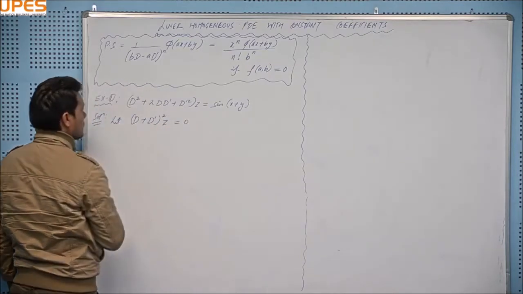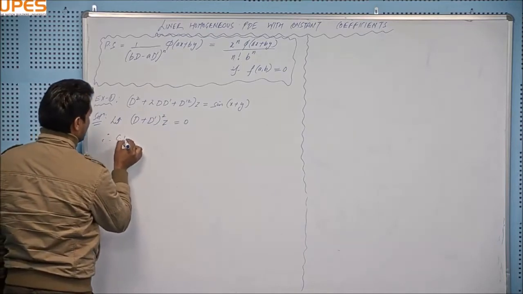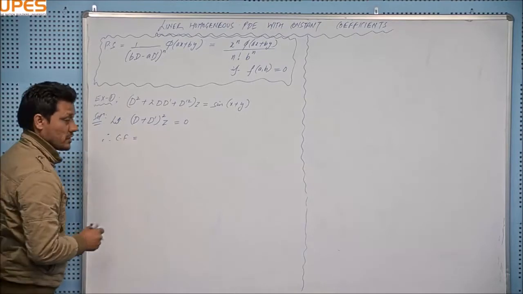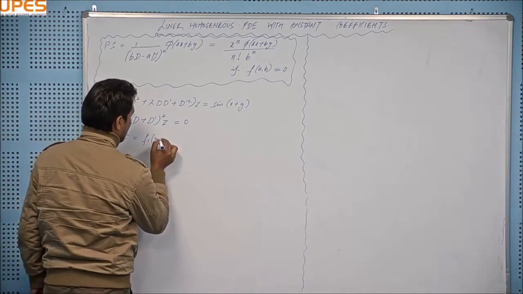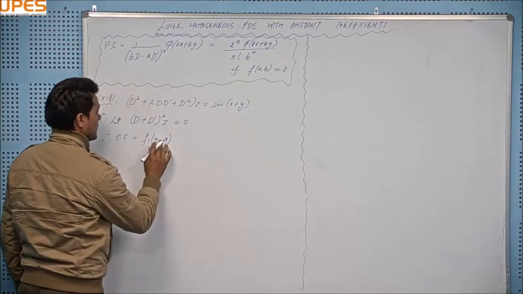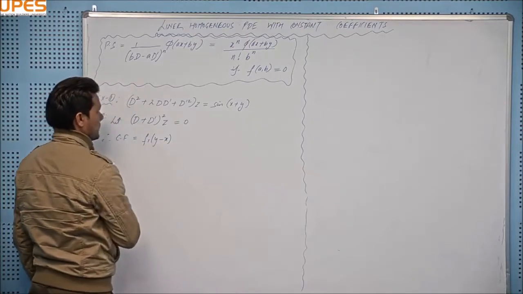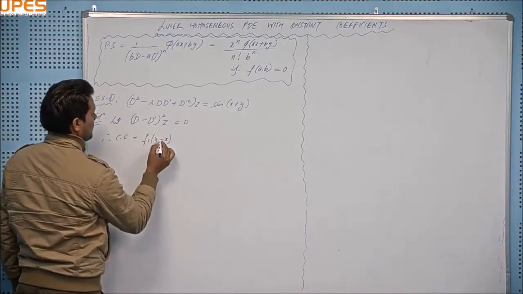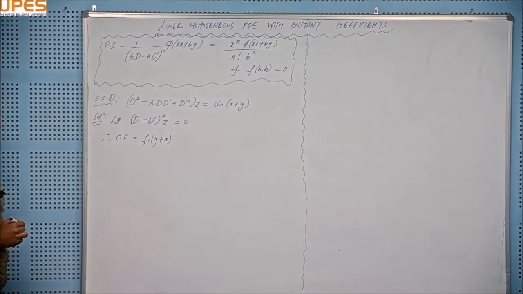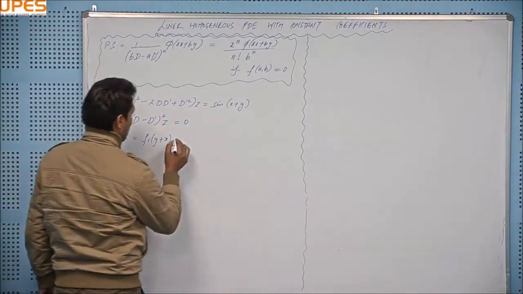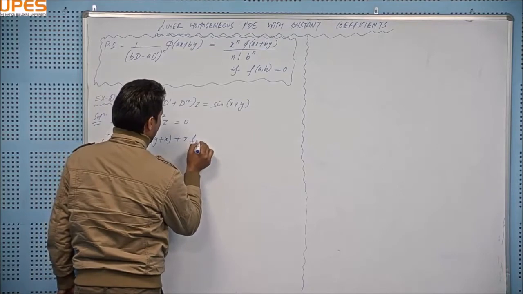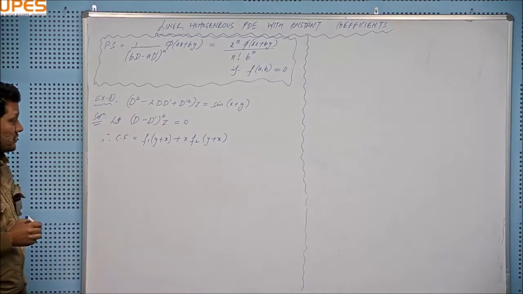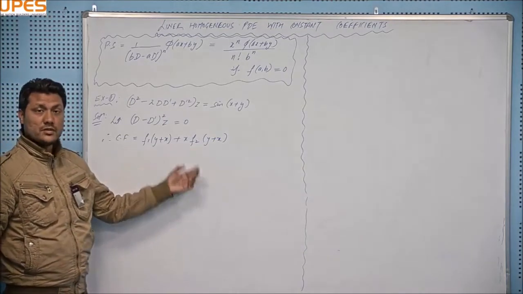Writing its complementary function, since factors are repeated, the complementary function will be f1(y - x) plus x times f2(y - x), the sign gets reversed. This is the complementary function where f1 and f2 are arbitrary functions.